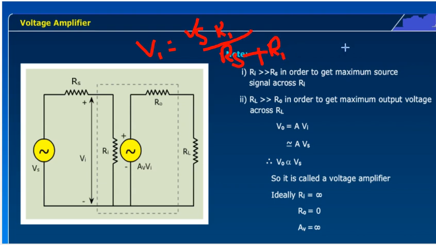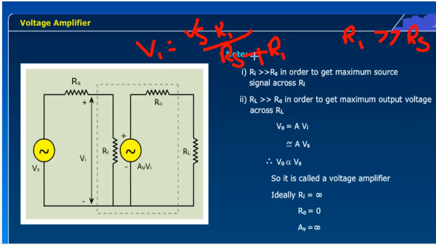If in the voltage amplifier Ri is greater than Rs, then Rs plus Ri is nearly equal to Ri. Ri cancels, and then Vi is equal to Vs.